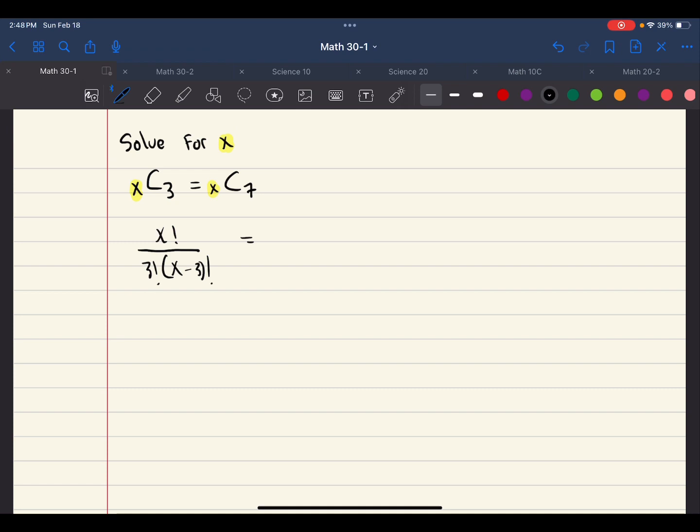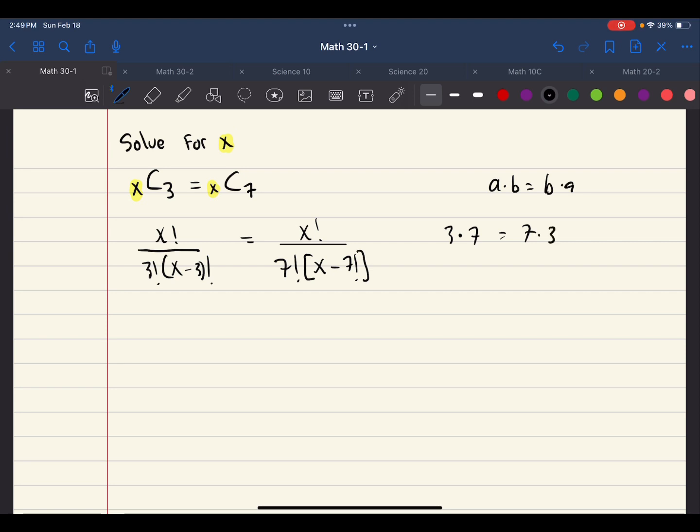And then that is going to be equal to x factorial over 7 factorial, multiplied by x minus 7 factorial. And so same thing over here, if I remember the multiplication property of a times b is equal to b times a, then we could simplify it as follows. If I do 3 times 7, then that would be equal to 7 times 3.